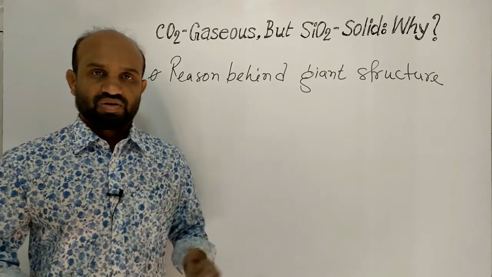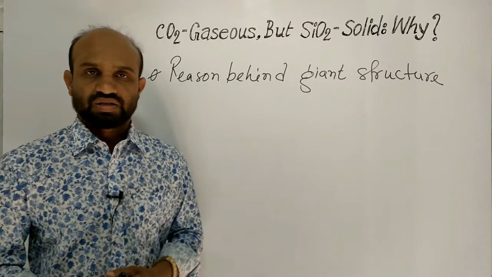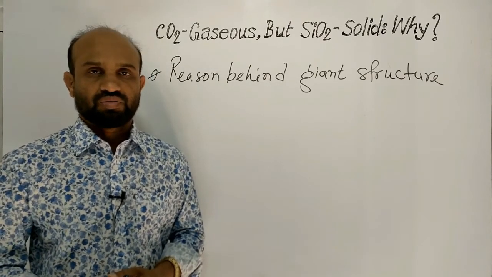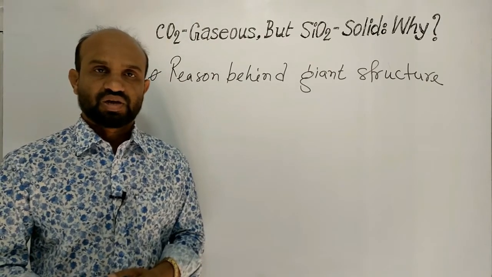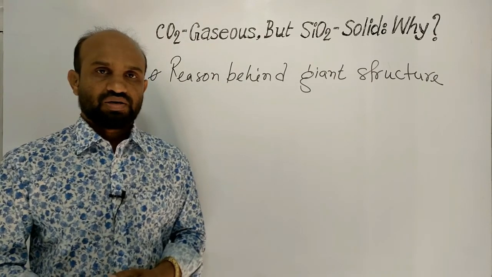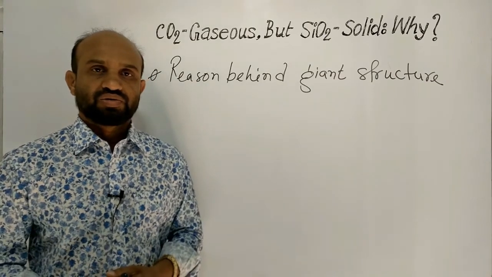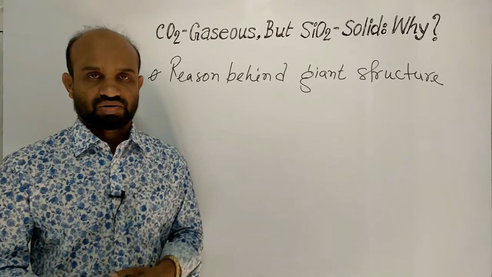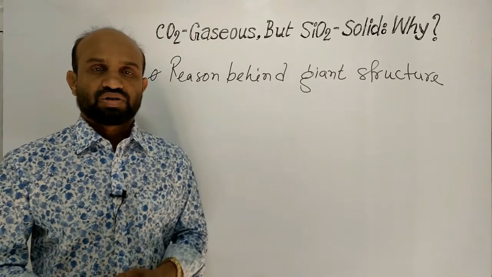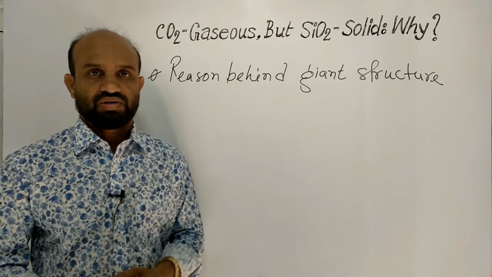That is why oxygen bonds to another silicon of another molecule. It is found through the electronic configurations of silicon and oxygen. Let's see them now.